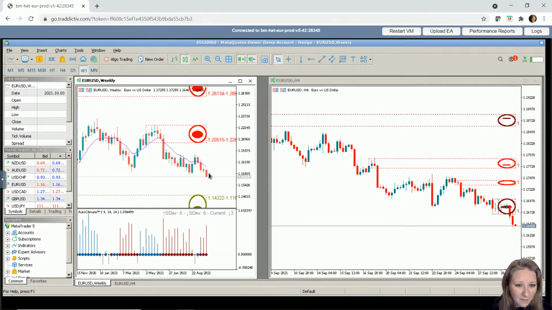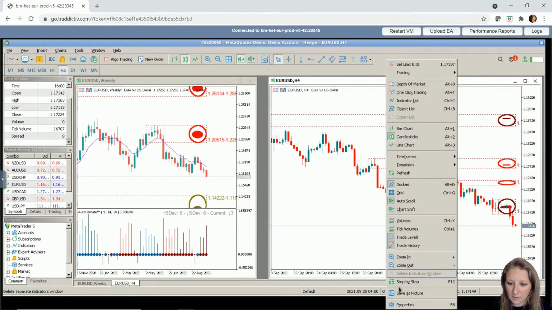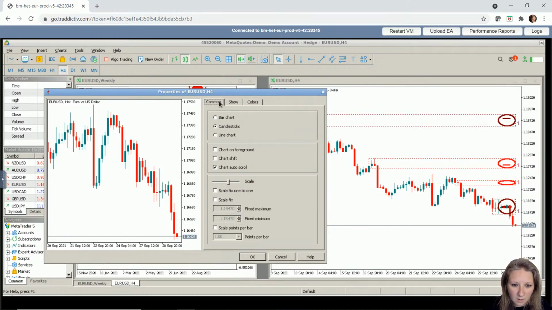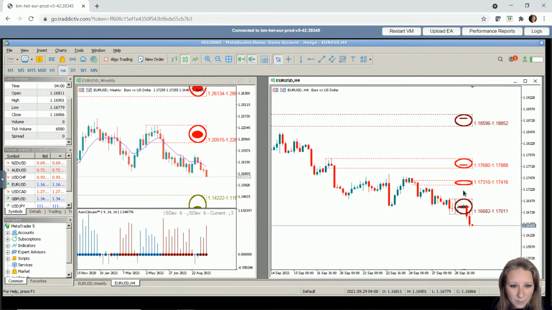So the EMA value, if we look at this today, is 1.176. I just need to make sure that we see the chart shift. There we go, so that way we can see it. So it was 1.176.